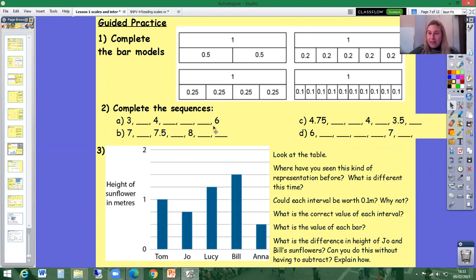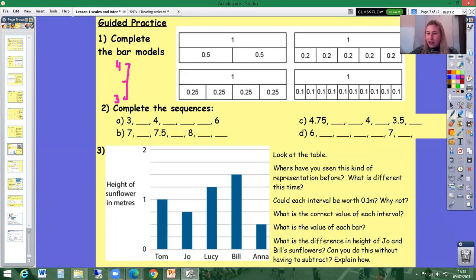Now we've got some sequences, and this is a little bit like our number lines where the spaces can be a bit misleading. So you've got to think about the information that you are given, okay? There's 1 gap between our 3 and our 4. So that's a little bit like when we had our number line and we had 3 at the bottom and 4 at the top. And we had 1 mark, didn't we?